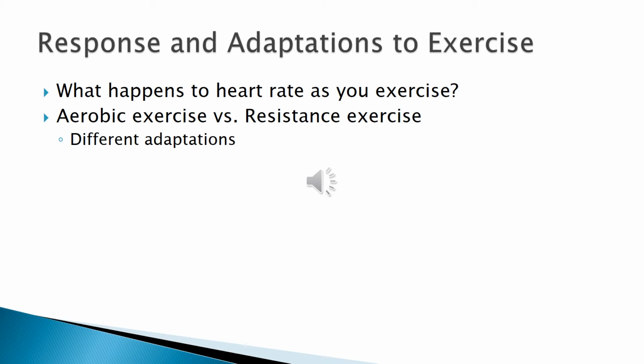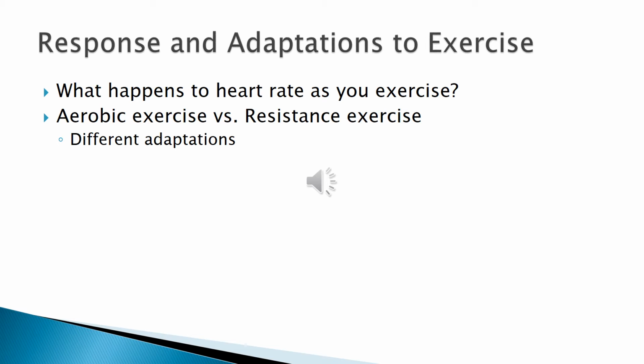In other words, the actual size of the inside of the ventricle will increase. This is different from what happens with resistance exercise, which increases the muscle mass of the ventricle. Okay, so the actual thickness of the wall will get bigger with resistance exercise, whereas the inside region, the volume, will increase as a result of aerobic exercise.